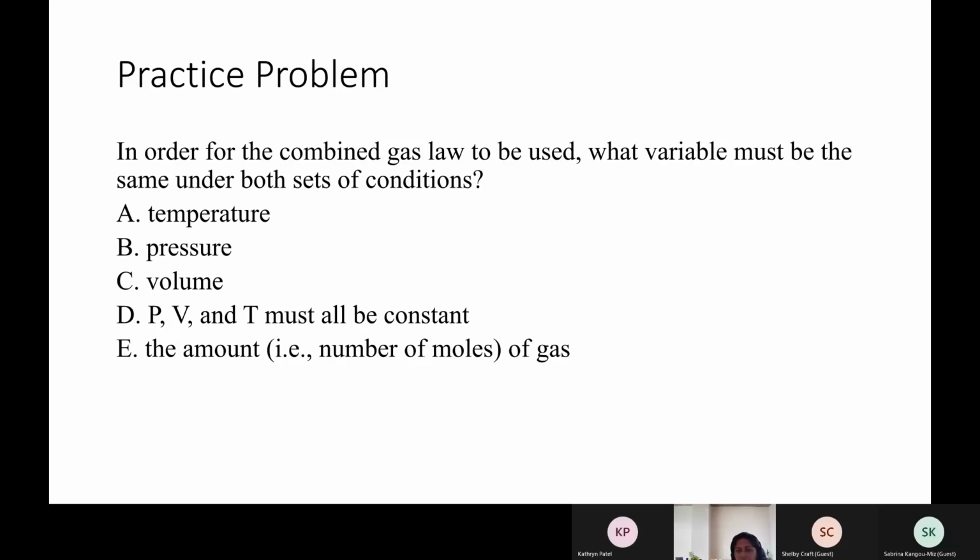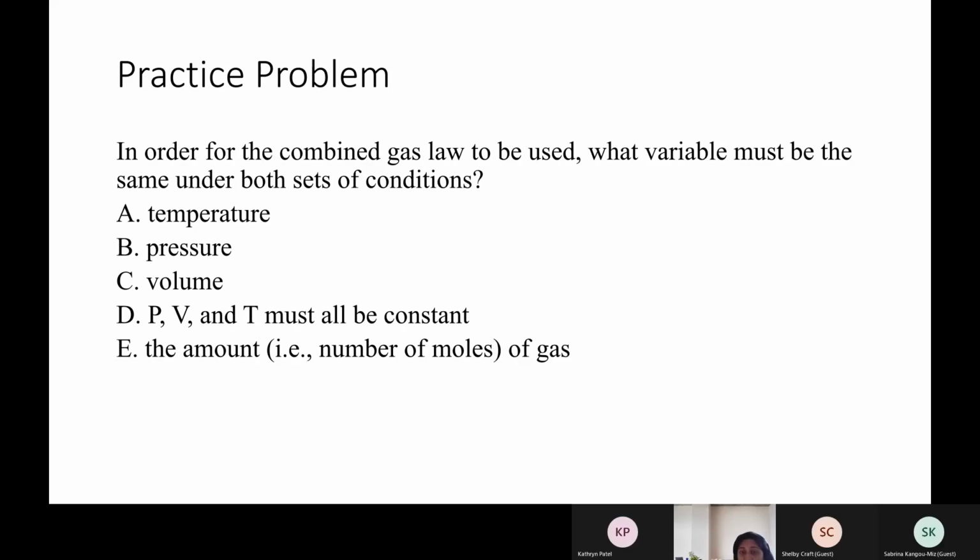So try to get the answer for this question. What is the answer?